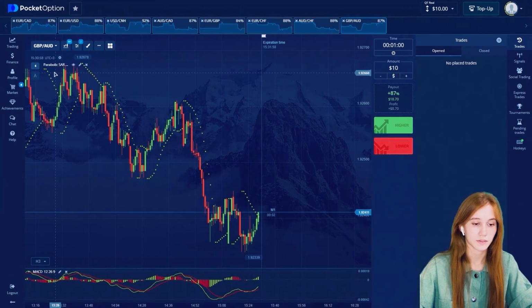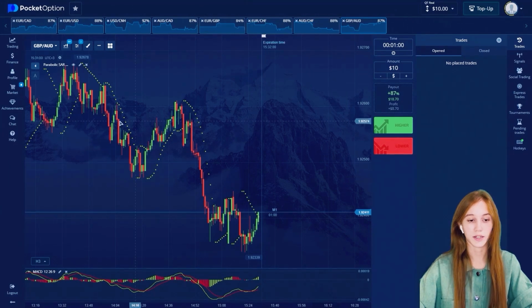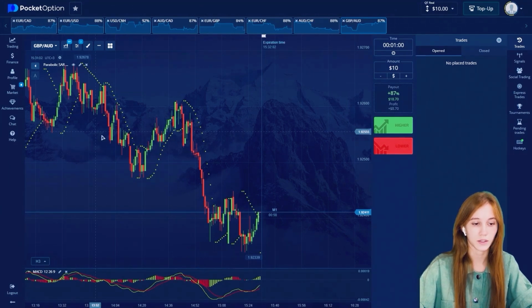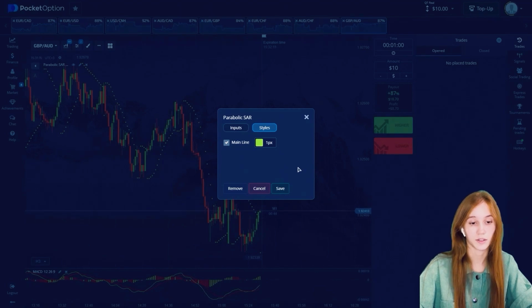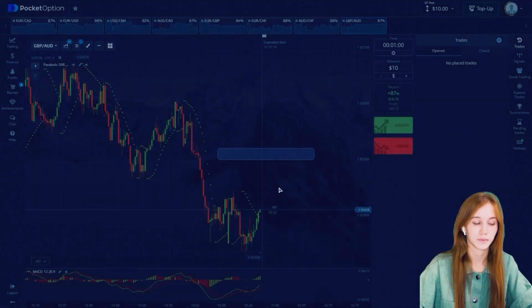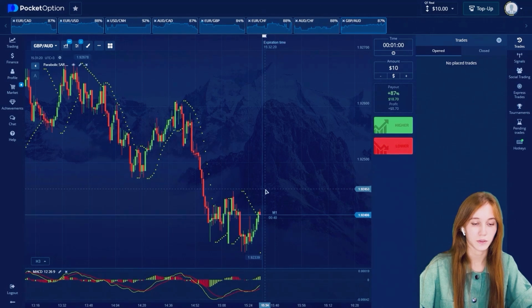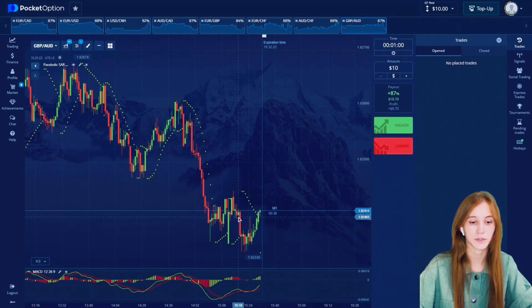So let me tell you about indicators. The first one, you see it on my screen, its parameters. You can copy it and use it. So parabolic strives to recognize the right moments when the current position should be closed, and I open the opposite one accordingly.